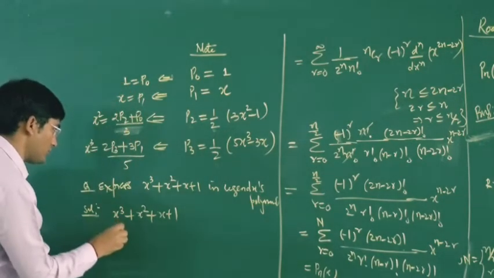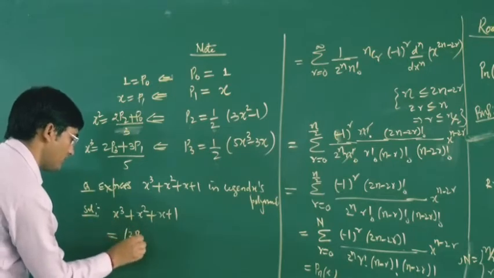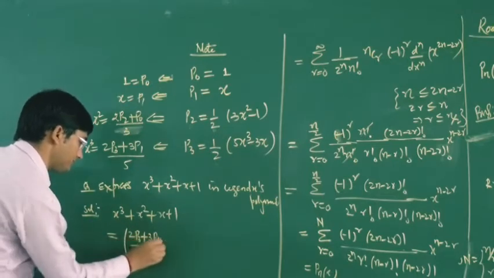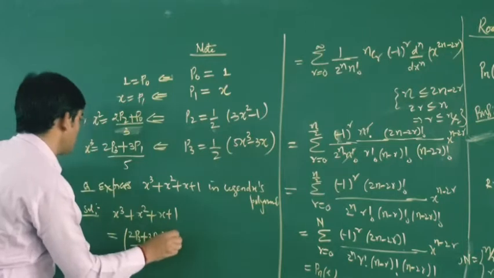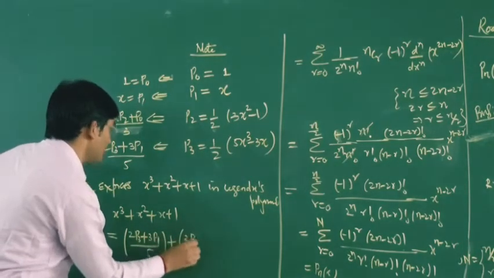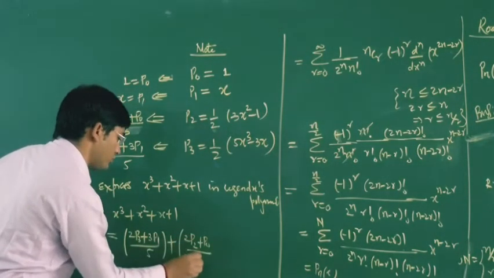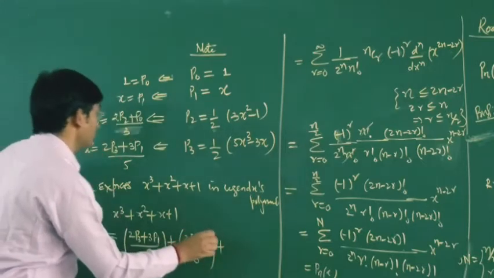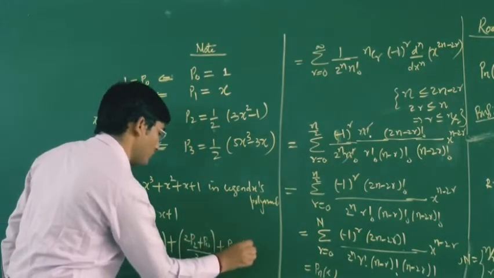So the value of x cube will be (2P3 plus 3P1) upon 5. Then we have x square as (2P2 plus P0) divided by 3. Then x is your P1, and 1 is P0.